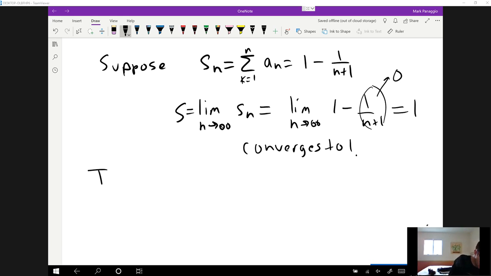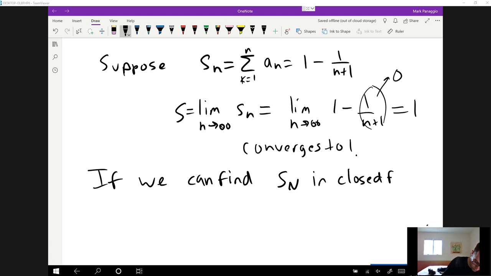Okay, so if we can find S_n in closed form, meaning we can find a nice simple formula for the partial sums, then the series, which I'll use S to denote the thing that it approaches, is just the limit as n goes to infinity of S_n.